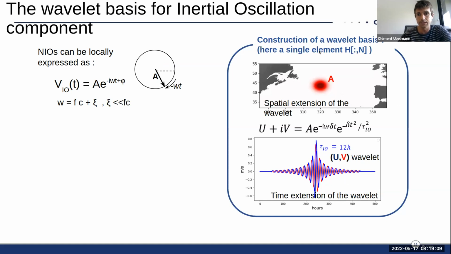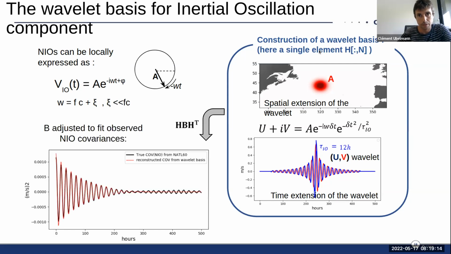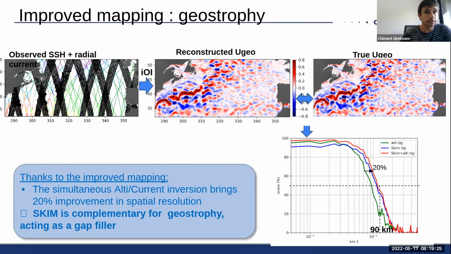This is the sort of kernel with which we conducted the mapping for this particular NIO component. After implementing that, we can run what we call improved mapping with the different components, each one having specific covariances, and see what we get.